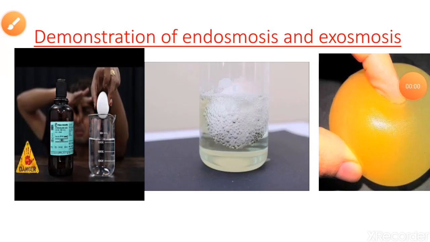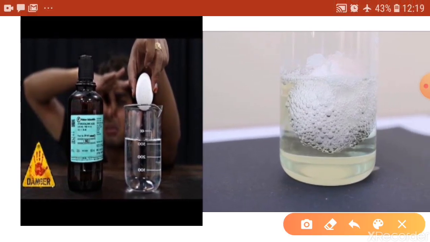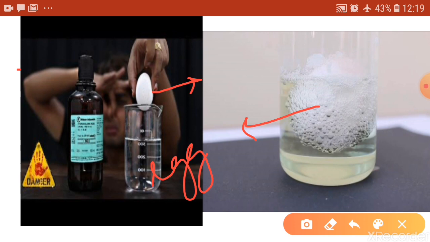Okay, let's now discuss another activity to demonstrate endosmosis and exosmosis. In this activity, we take an egg. Now, an egg has an outer shell. Just below the outer shell, there is a thin membrane which holds the albumin and yolk inside. In this activity, the outer shell of the egg has to be removed. This white, hard shell is removed by placing the egg in a beaker containing hydrochloric acid.